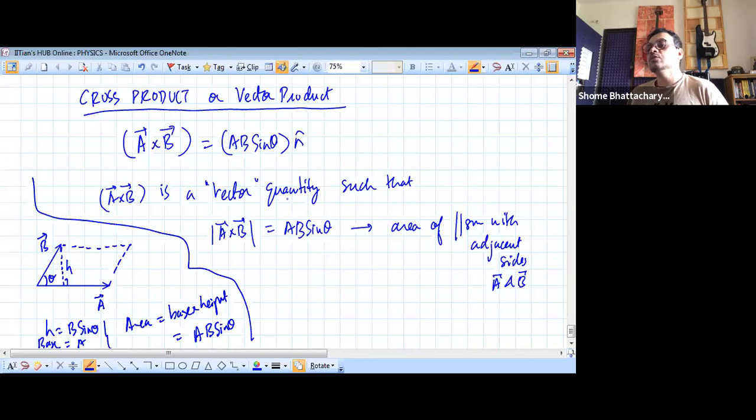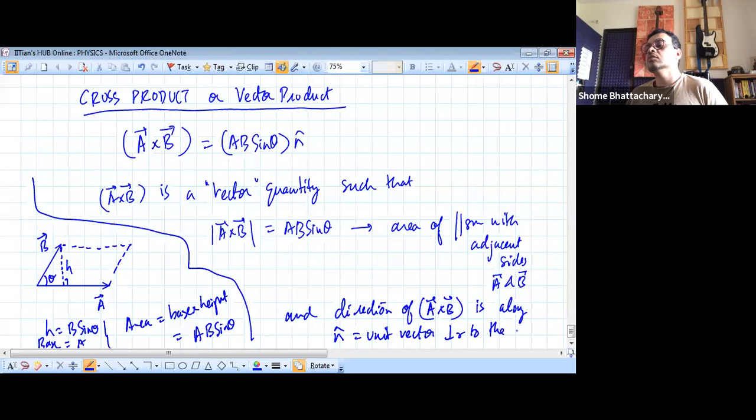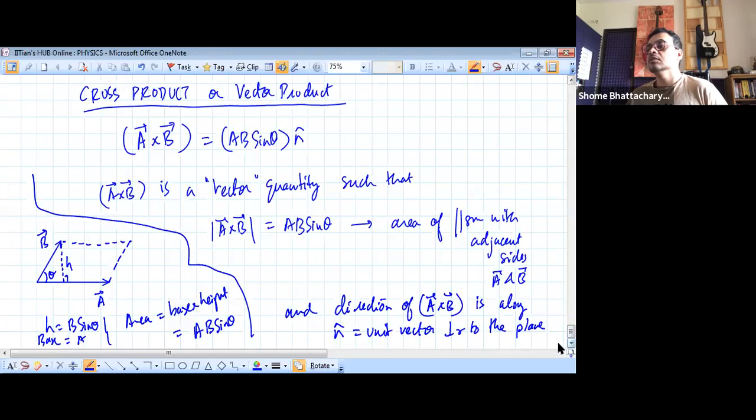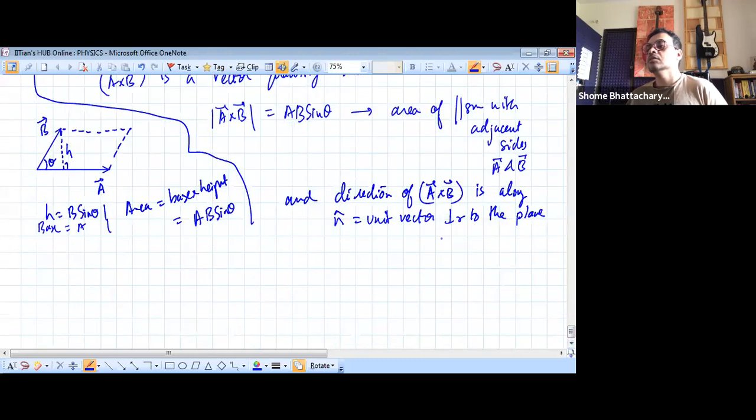Okay. So it is a vector quantity such that its magnitude is this much and the direction of A cross B is along n cap, which is a unit vector perpendicular to the plane of vectors A and B. So it's perpendicular to the plane of vectors A and B. Okay.